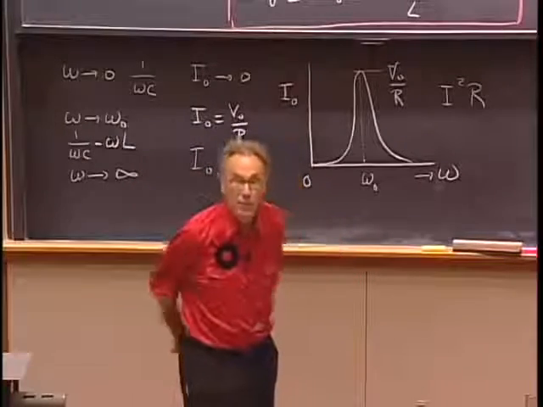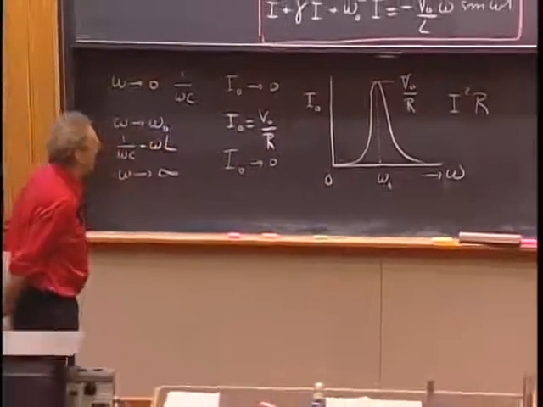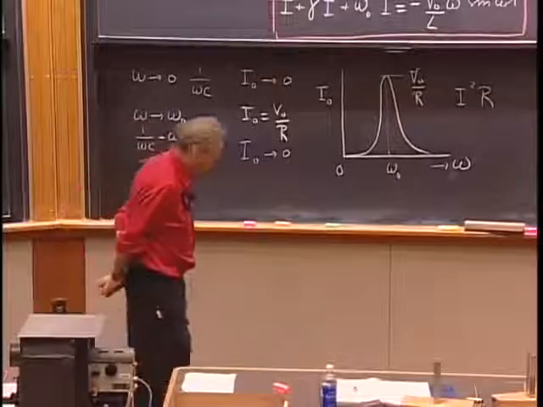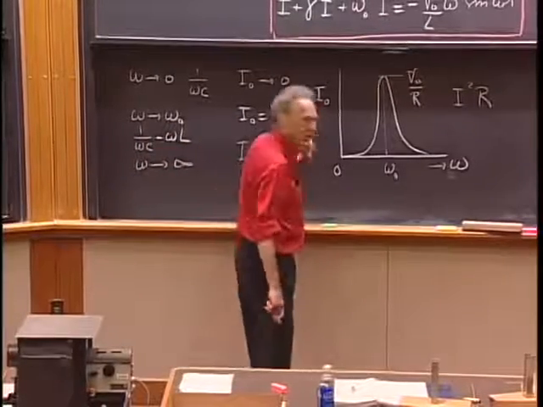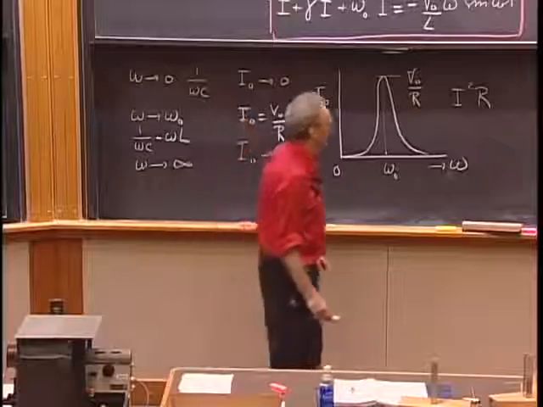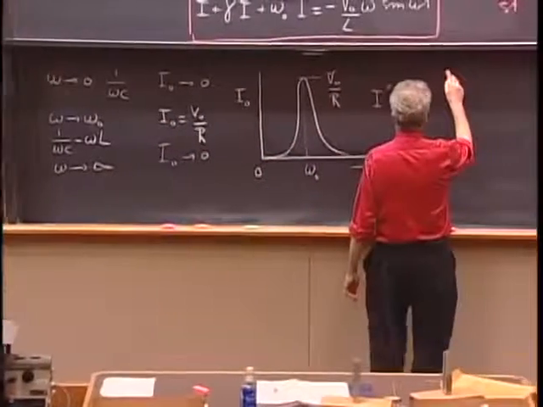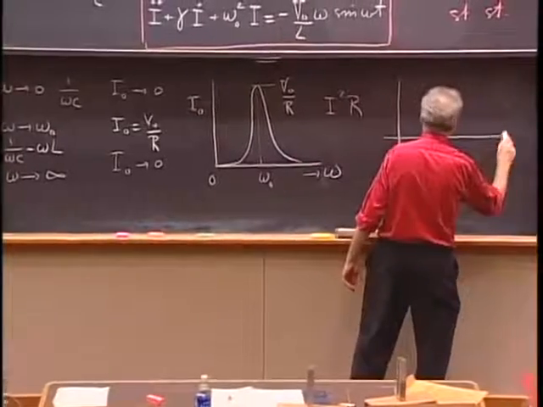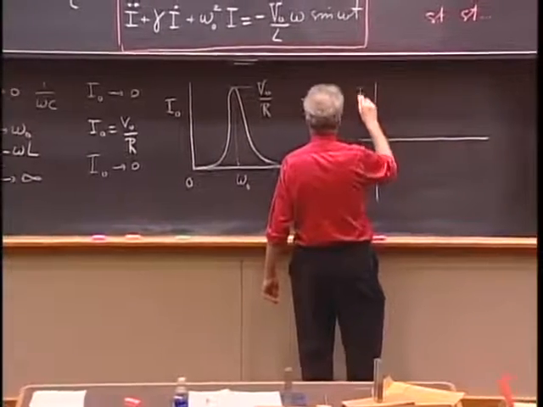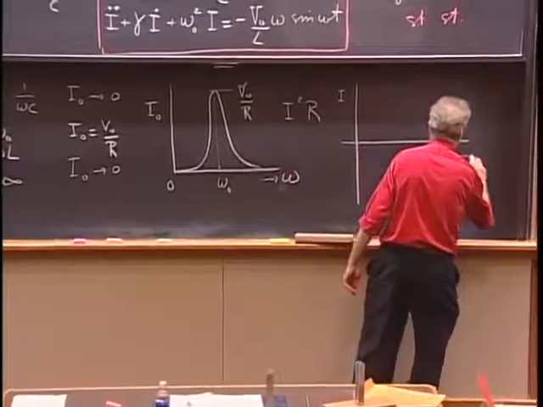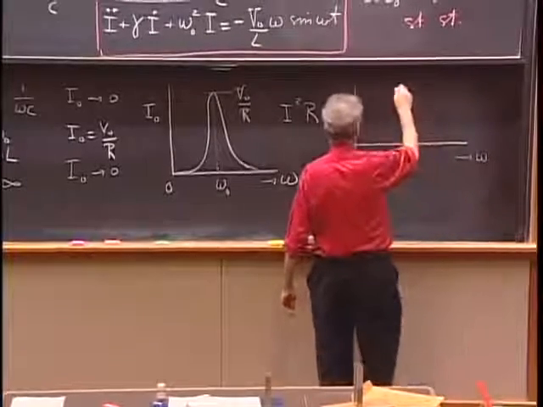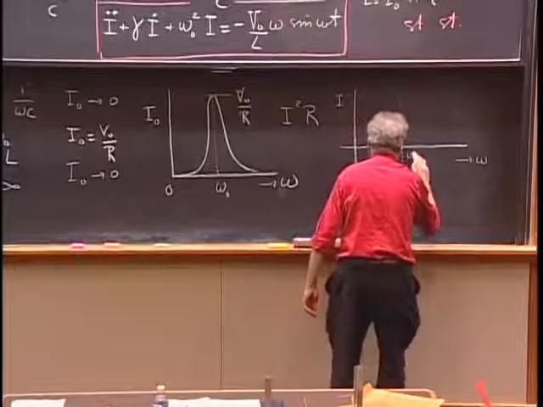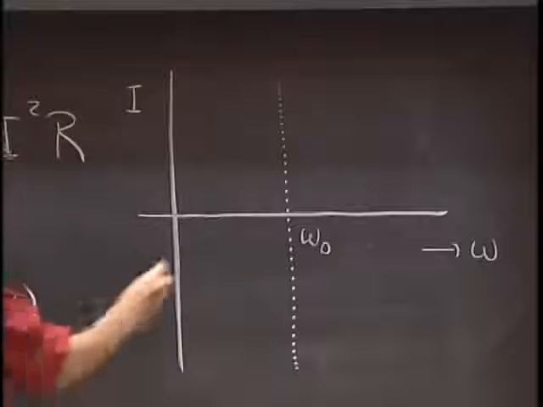And this is what I want to demonstrate now. I'm not going to show you I0 only, but what I'm going to do is the following. I'm going to show you what I is as a function of omega, here being the resonance. Let us suppose I pick this omega.